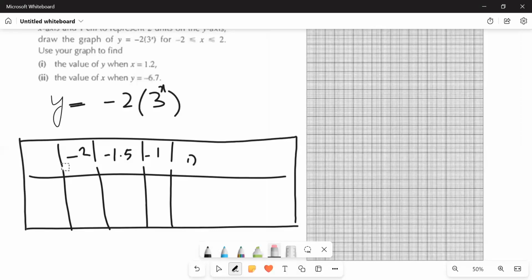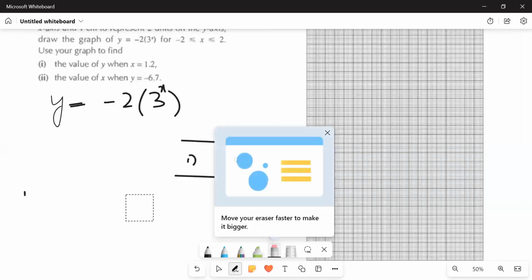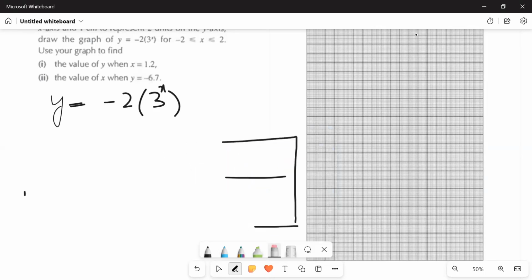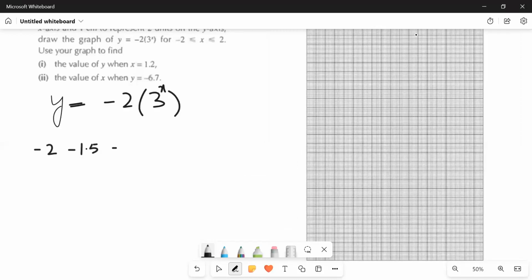Wait, we need 4 more values. So according to this, it is -2, -1.5, -1, -0.5, then 0 and 0.5, then 1, 1.5 and 2. Okay, these are the points.